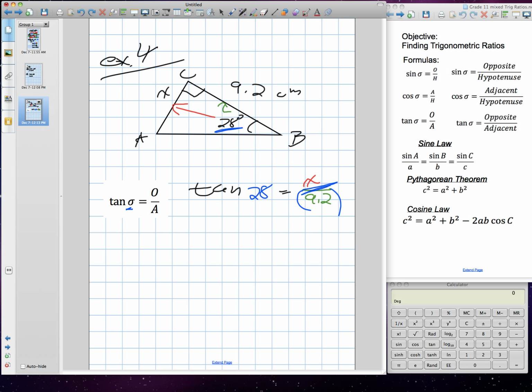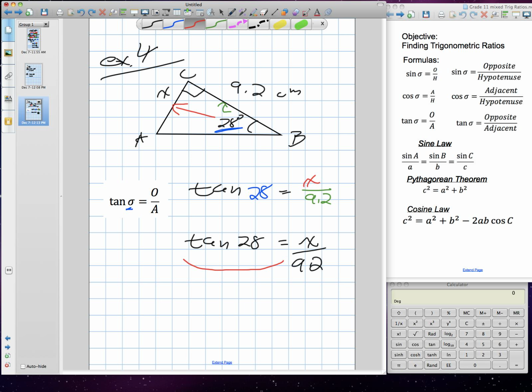When I move 9.2 over to the other side of the equation, it becomes multiplied by. Okay? So the way they'll represent it, or you can always represent it in a calculator, is essentially 9.2 bracket tan 28 bracket is equal to x. So what that means is 9.2 multiplied by tan 28.